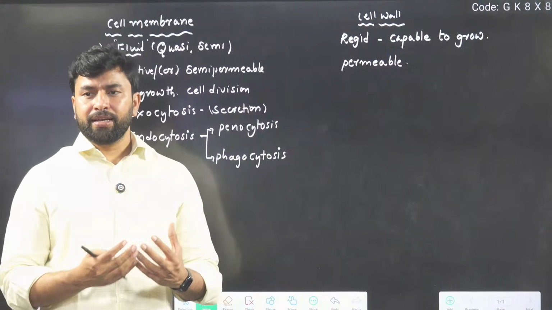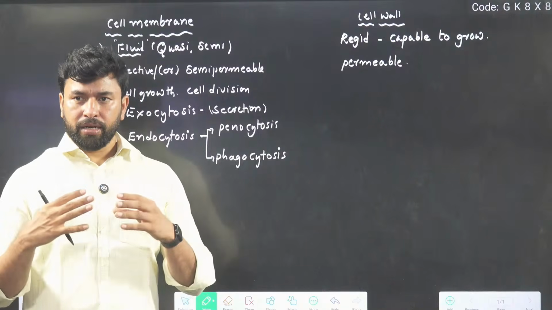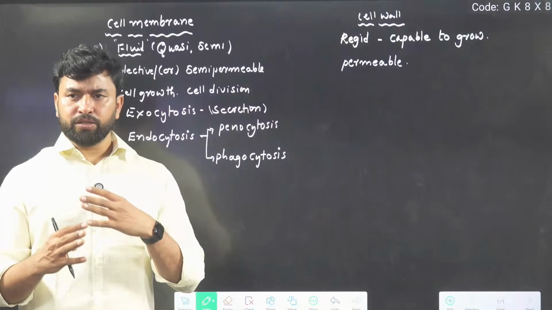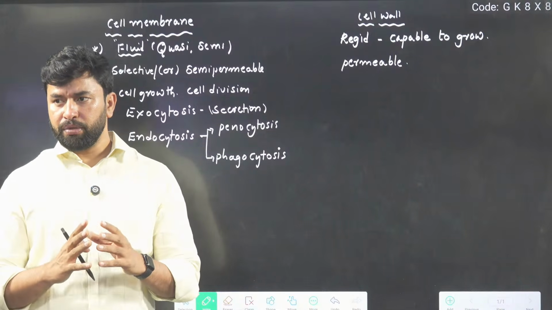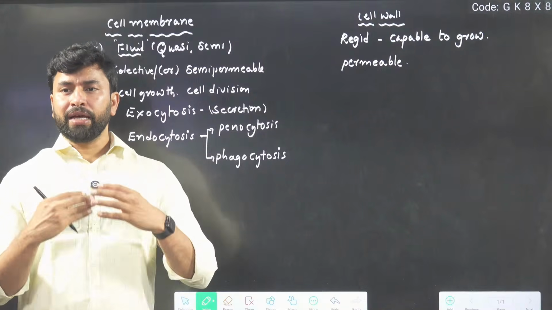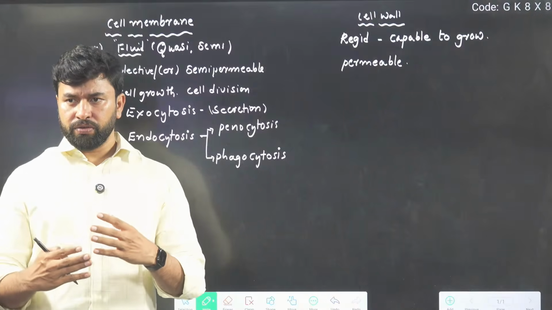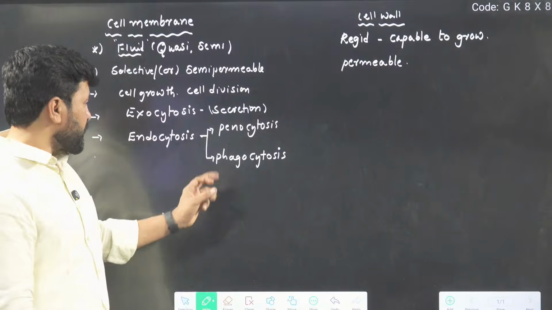If a cell has taken in some liquid substances, that liquid intake is known as pinocytosis. If a cell has taken solid substances, that's called phagocytosis. In simple terms, if liquid is engulfed, it is pinocytosis; if some solid has been engulfed, that is known as phagocytosis.